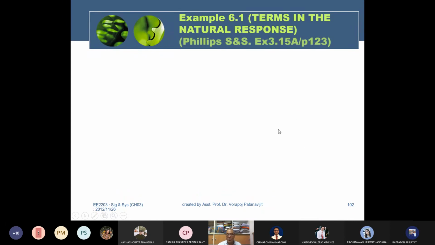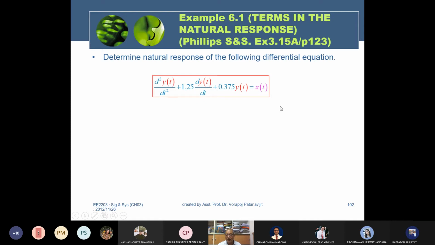Now, to give you more understanding, we will show an example. Determine the natural response of the following differential equation. Even though x is an abstract, unknown parameter, we don't care because we concern only the natural response.